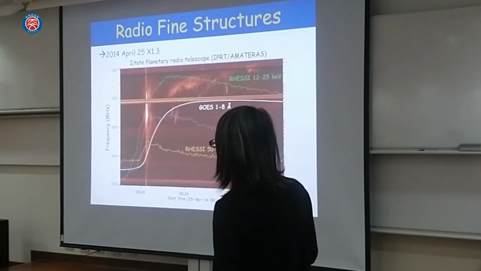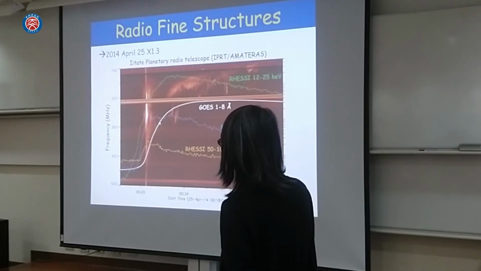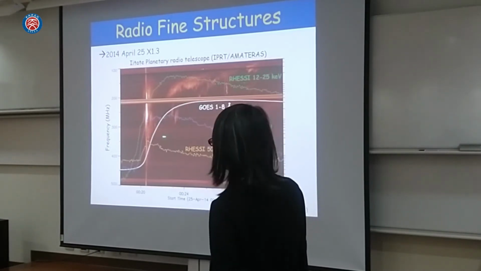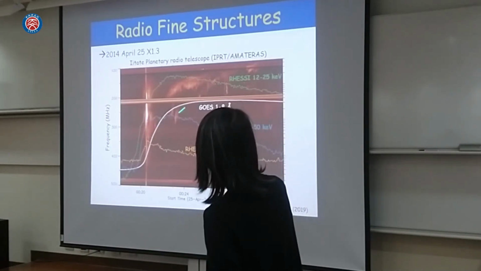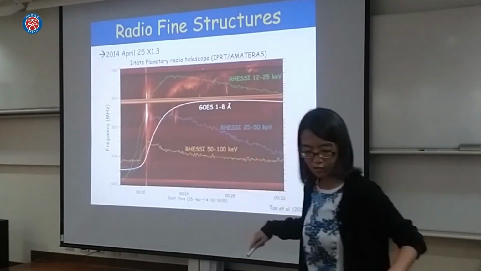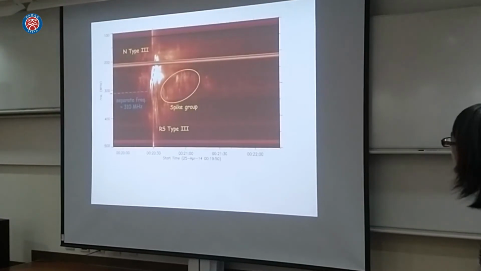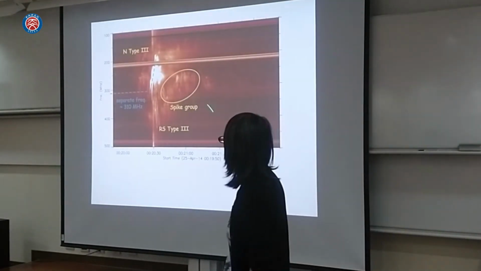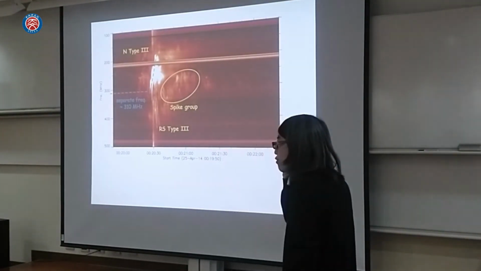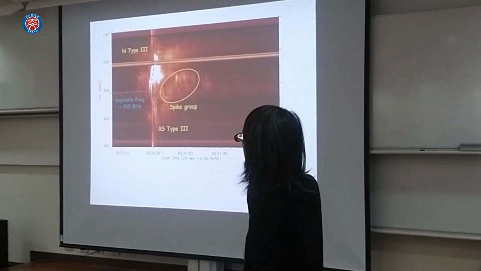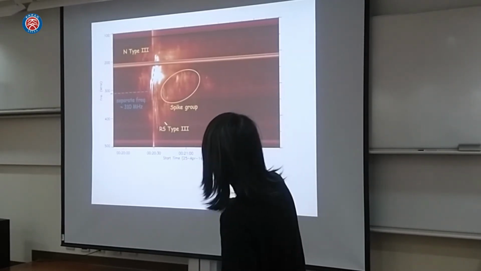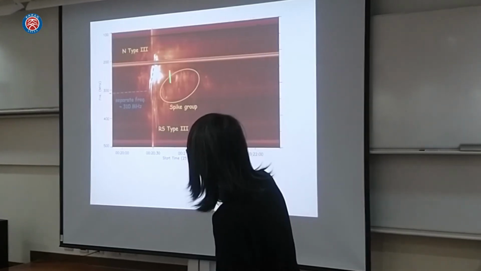And you can also see some fine structure over here and over here. Okay, so let's go into detail about this one. That's the early stage of the flare. So here we just say this one is type 3.